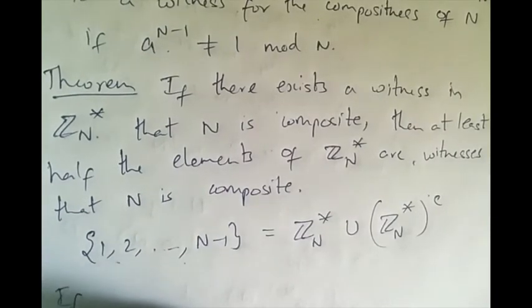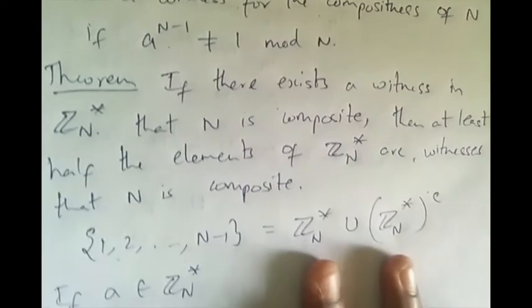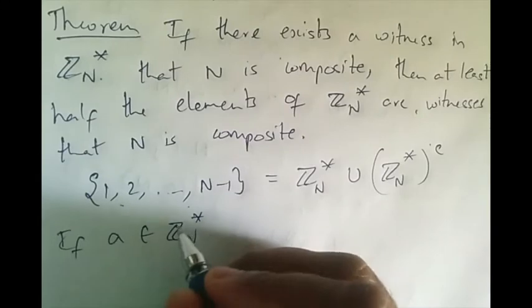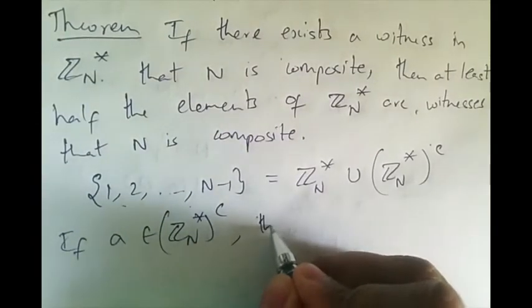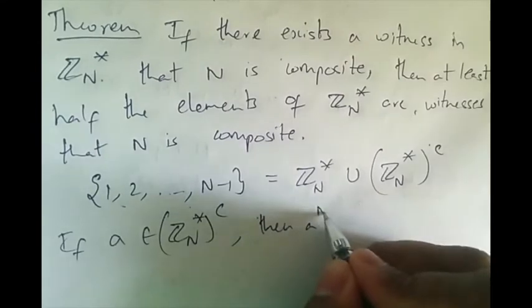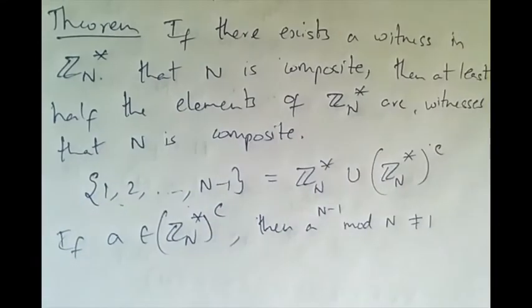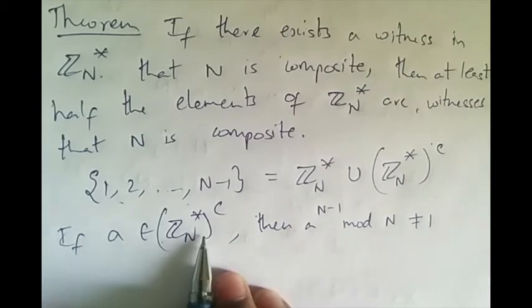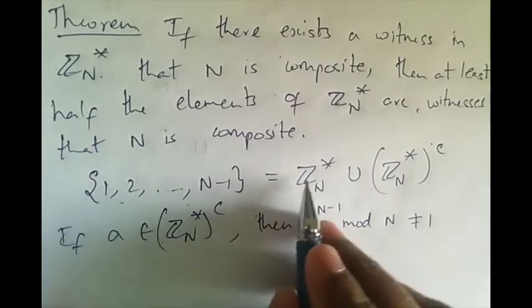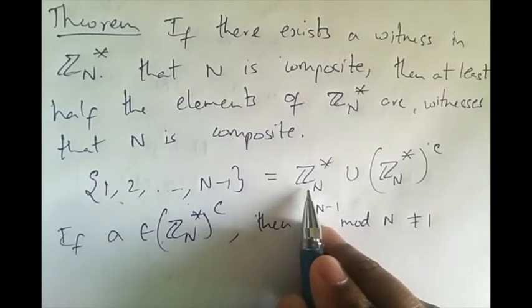So if a belongs to Zn star complement, then I'll know immediately that n is not a prime. So if I'm lucky and it falls here. But in general, if it falls here, I did not get any information.